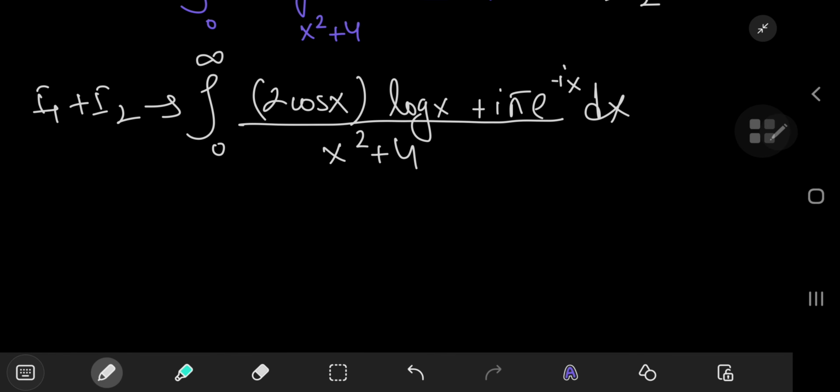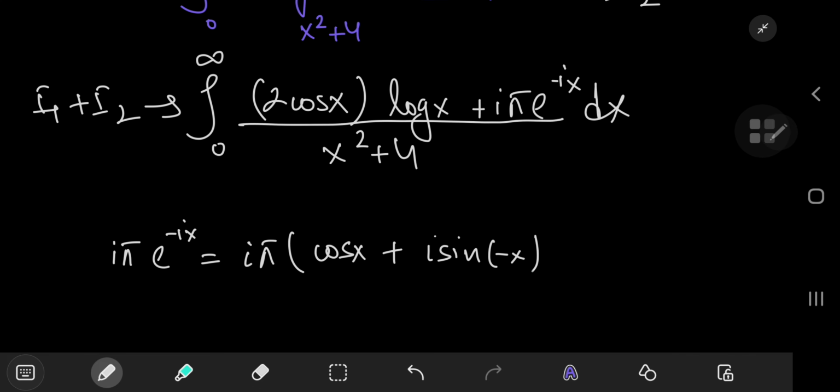Well, we have e to the negative i x times i times pi, and once again, using Euler's wonderful formula, we know that e to the negative i x equals the cosine of negative x, which is of course equal to the cosine of x because it's an even function, plus i times the sine of negative x, and sine is an odd function, so we have cosine x minus i times sine x.